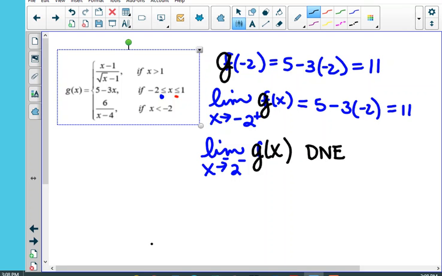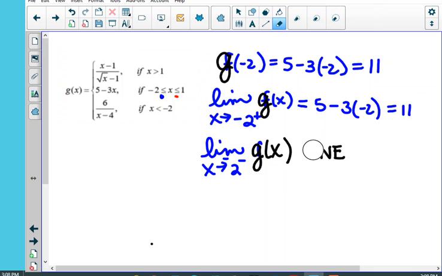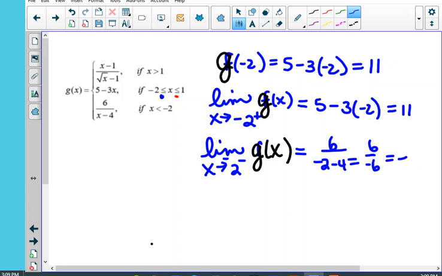A -2 plugged into this function, no, I'm lying, it's not, I don't know what I'm thinking. I'm losing my mind. That's 6 over -2 minus 4. So it's 6 over -6, which is -1. I guess I was thinking ahead.